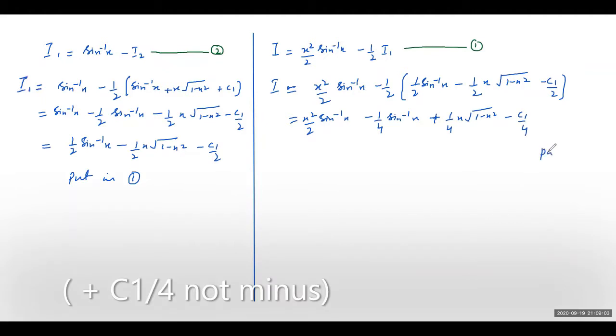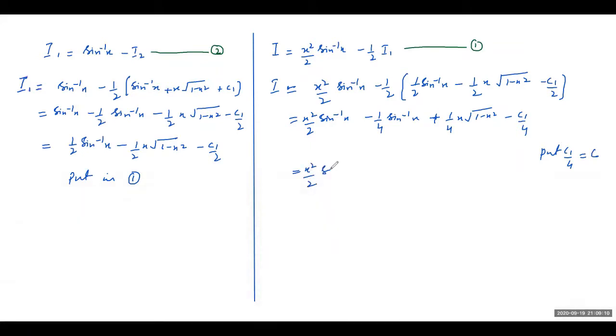All you have to do is put c1 by 4 equals c, and you get x square by 2 sine inverse x minus 1 by 4 sine inverse x plus 1 by 4 x into square root of 1 minus x square plus c, and that completes the solution, and this is our answer. Here it is.